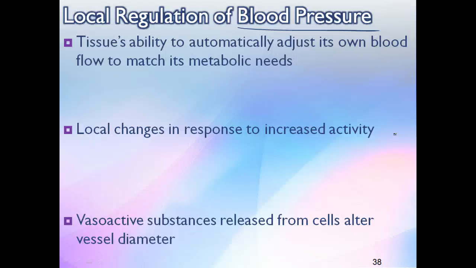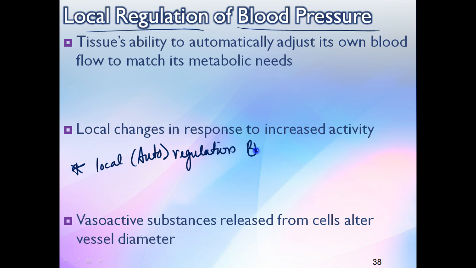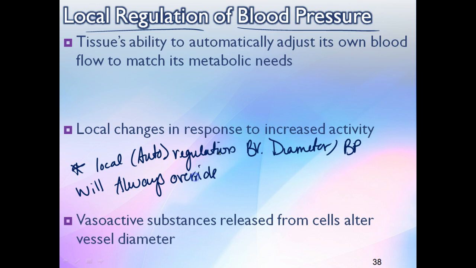This is what we're talking about when we talk about local regulation of blood vessel diameter. This is extremely important, as it can adjust blood flow to only the tissues that need it. In fact, local or auto-regulation of blood vessel diameter and blood pressure will always override both neural and hormonal signaling.